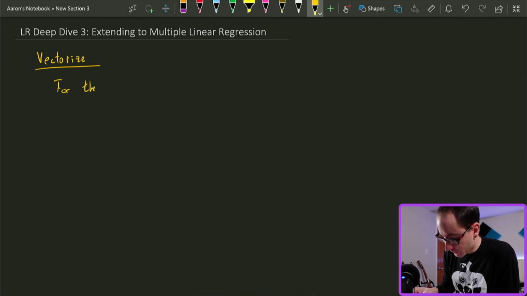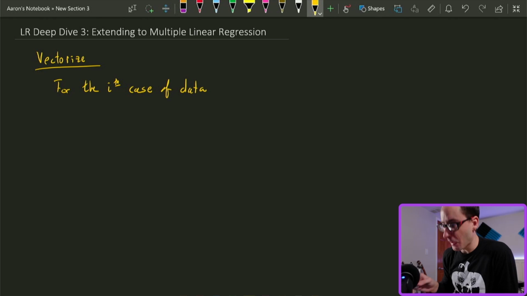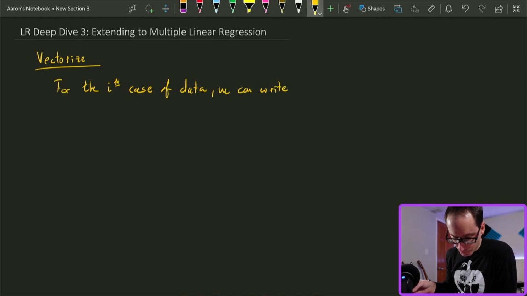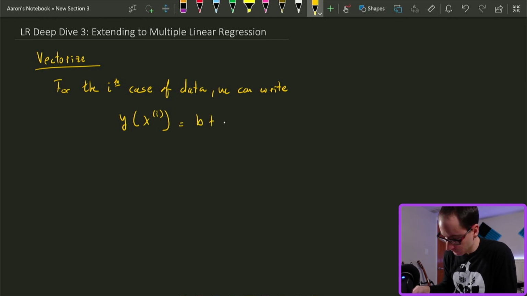For the, let's say, ith case of data, so in the ith row of our data set, we can write that y of xi is equal to b plus wxi.